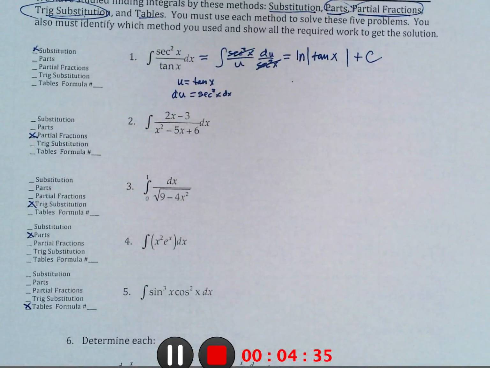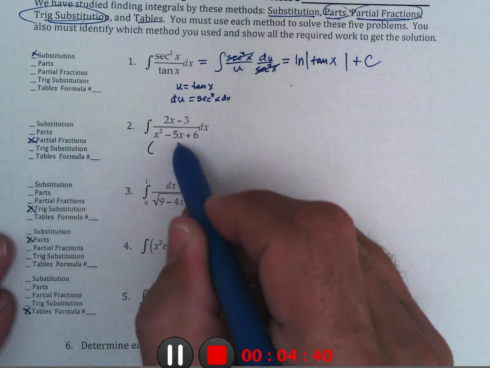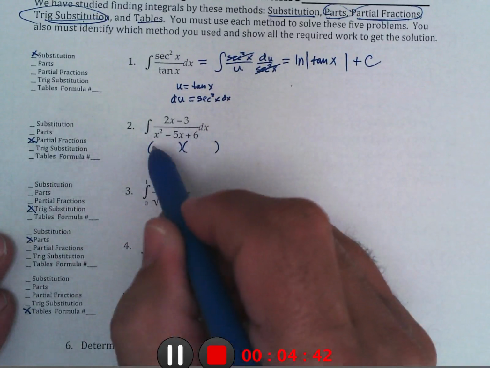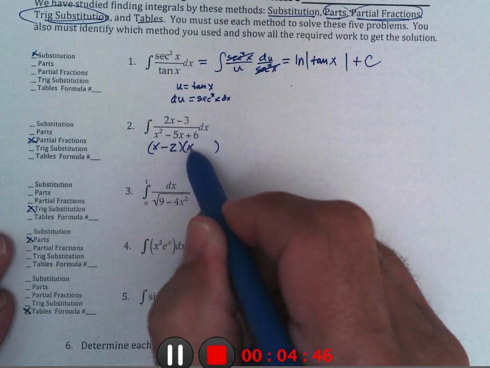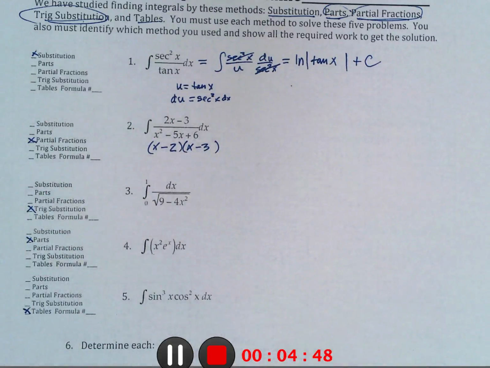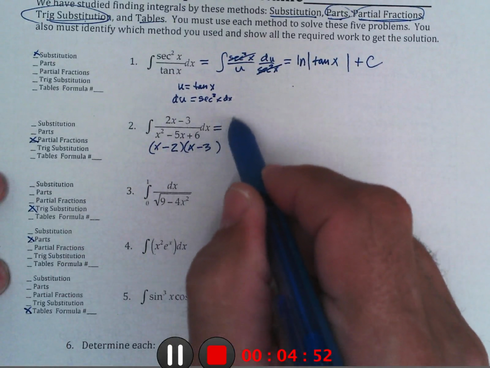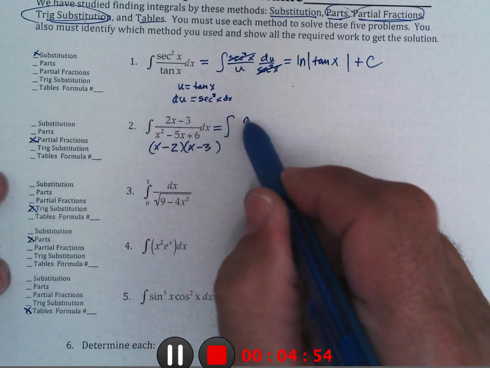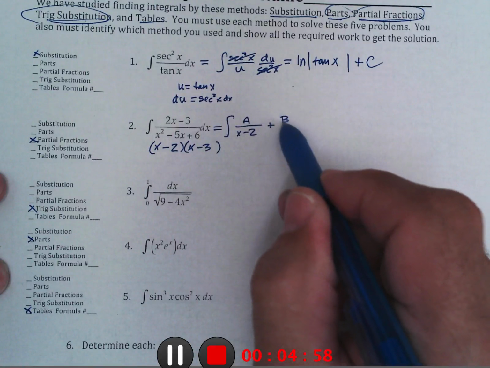Partial fraction. Let's see, I think this factors to, let's see, x minus 2 and x minus 3. Two nice, simple, easy linear factors. So this is going to be the antiderivative of a over x minus 2 plus b over x minus 3, or vice versa.